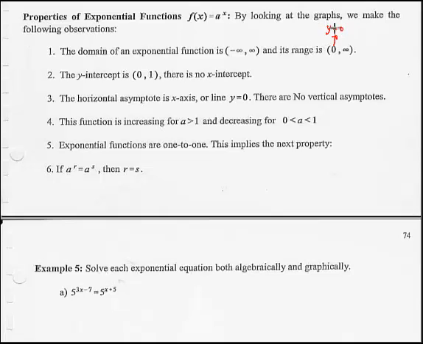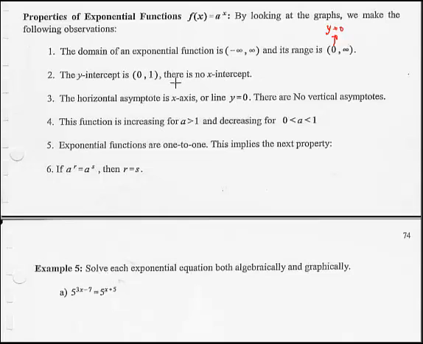There is a horizontal asymptote at y equals 0, so it's not going to touch the x-axis or drop below it. So domain is all real numbers. It spans the entire x-axis, and then it only occupies the space above the x-axis for the y-axis. 0 to infinity is the range.